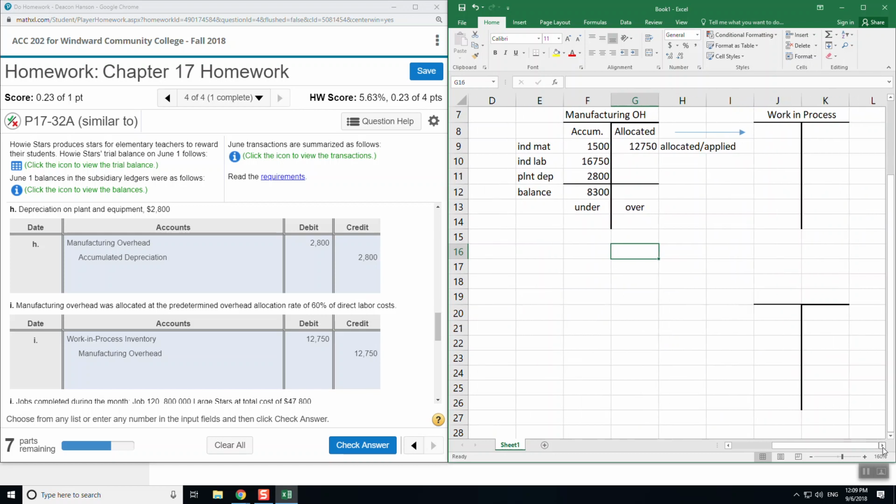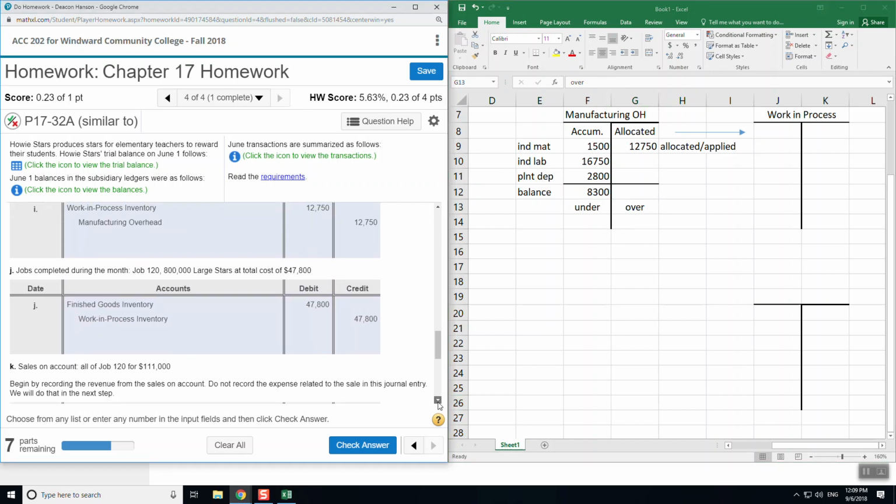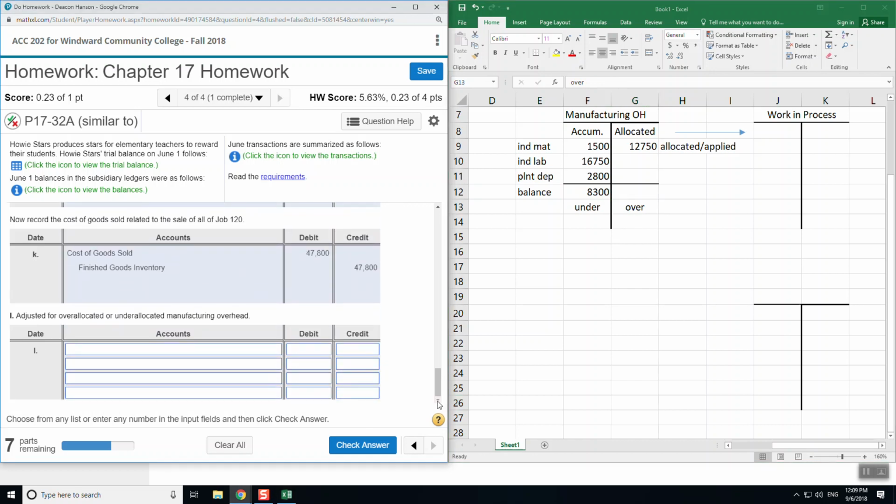Okay. So the way we're gonna adjust this off, and because this is an introductory managerial accounting course, we use the simple method, right? We're gonna adjust off any under allocation or any over allocation using the cost of goods sold account. Okay. So I'll do this one over here. We're gonna have to credit manufacturing overhead to get that account to zero. We all agree, right? By 8,300.